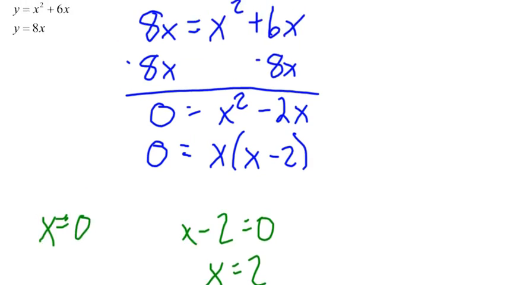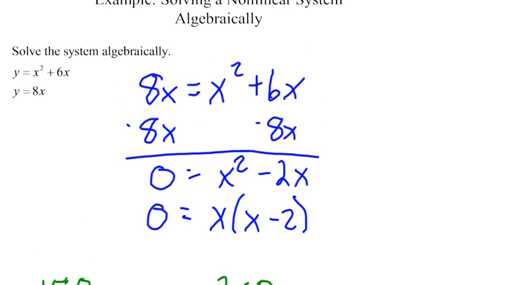We should plug these in to make sure they work, especially when we don't have linear equations. If we plug 0 into the first equation, y equals 0. Into the second equation, y equals 0. If we plug 2 into the first equation, 2 squared is 4, plus 6 times 2 is 12. 4 plus 12 would be 16. If we plug 2 into the second equation, 8 times 2 is 16.